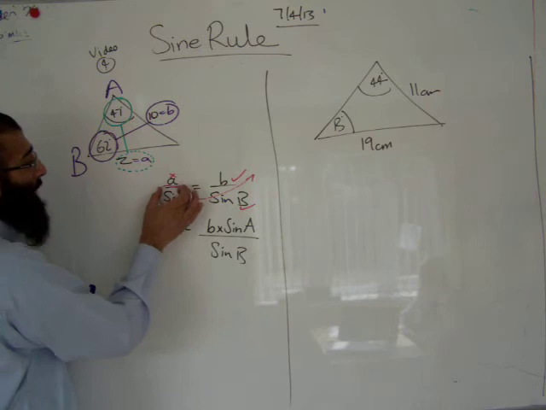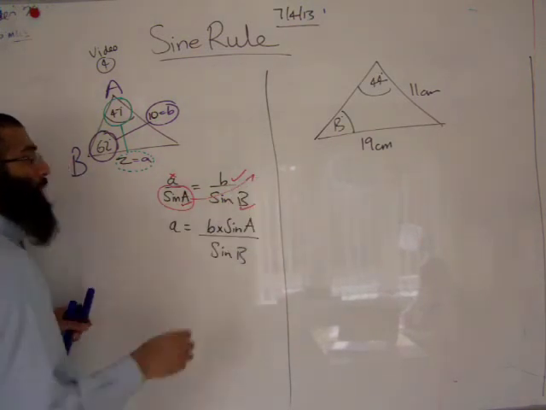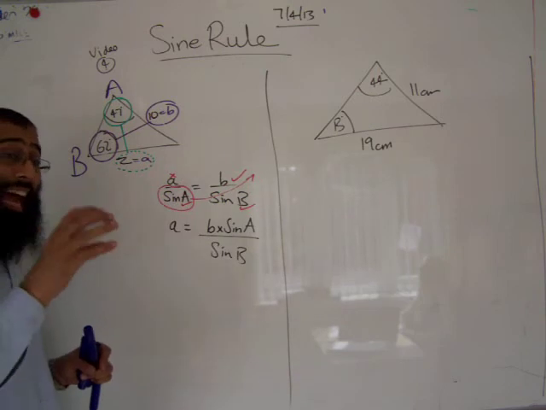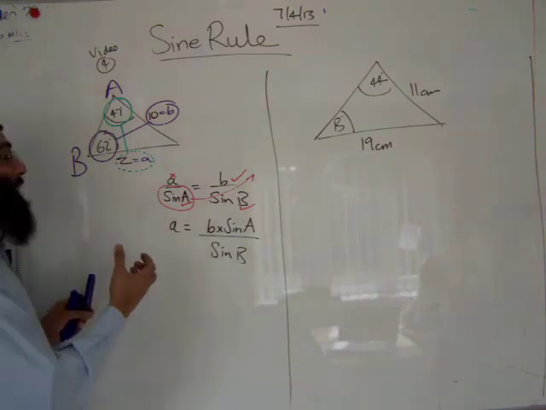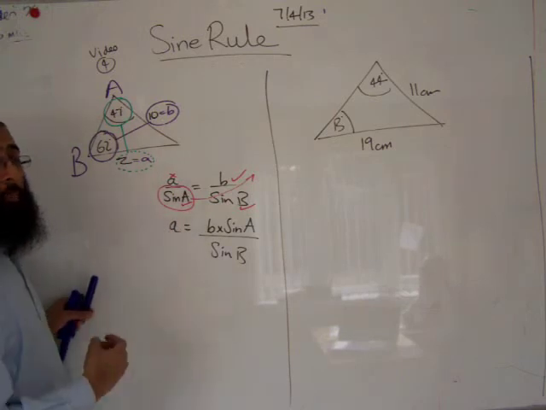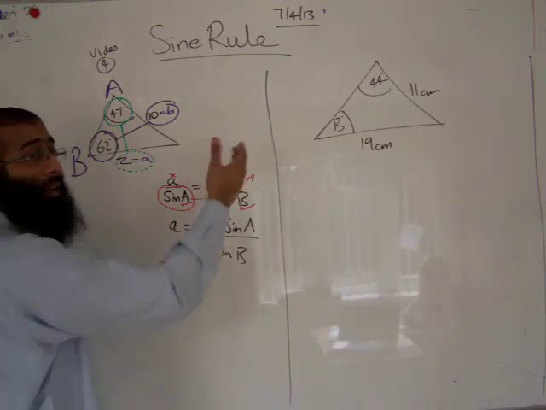So opposite of divide by is times. We do inverse of a, but that's only when we are working out A. Here what we're doing, the operation is divide by sine A. So opposite of divide by sine A is times by sine A.